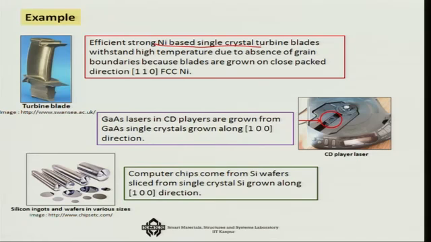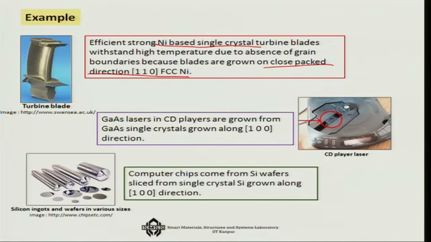Now, they can withstand very high temperature due to the absence of grain boundaries. It is because the blades are grown on the close-packed direction 110 in an FCC structure of nickel. Now, what is this 110 structure? This is what we will be discussing.